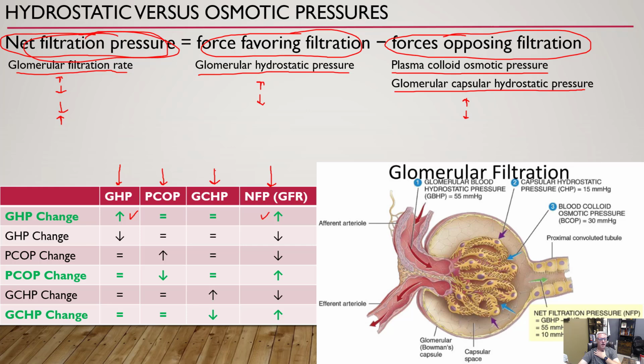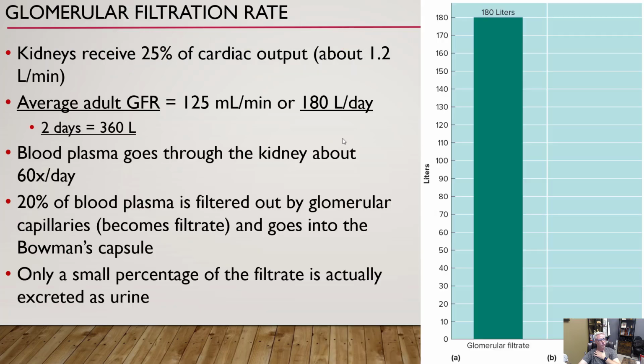Or I could say an increase in your plasma colloid osmotic pressure would cause a decrease in your net filtration pressure, which would cause a decrease in your glomerular filtration rate. Or I could say a decrease in your glomerular capsular hydrostatic pressure would cause an increase in your net filtration pressure, which would cause an increase in your glomerular filtration rate. So that's just different ways of manipulating this table.